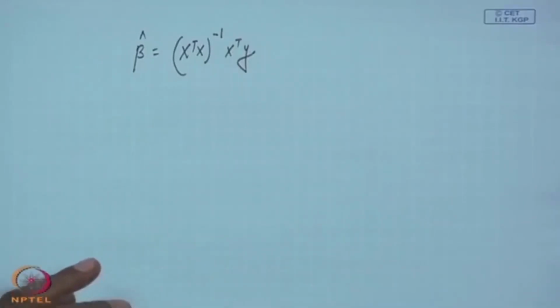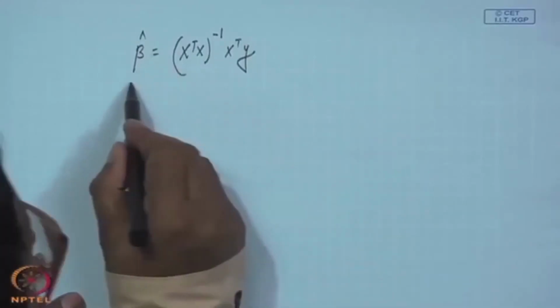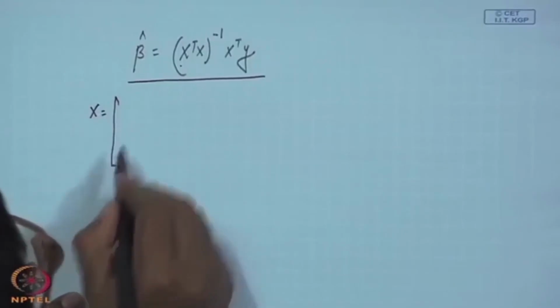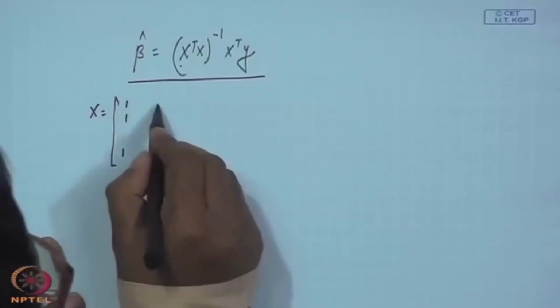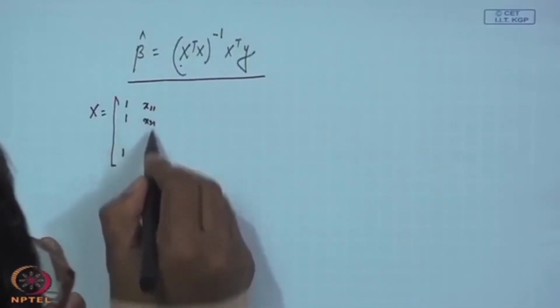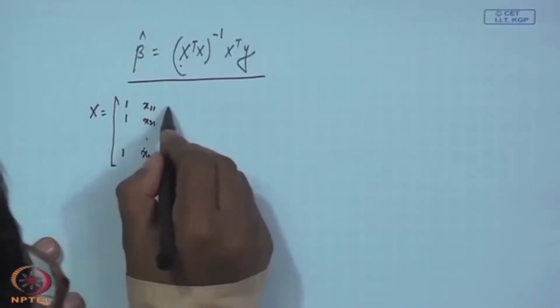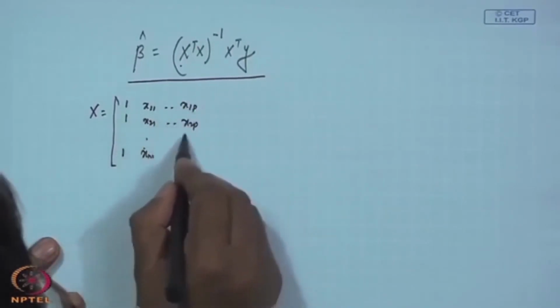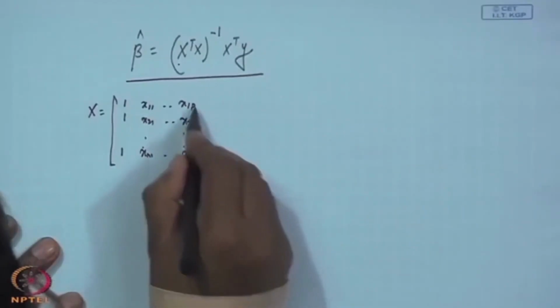This is the regression equation we have used, where x is your design matrix with rows 1, x11, x12, and so on, up to 1, xn1, and similarly x1p, x2p, up to xnp.